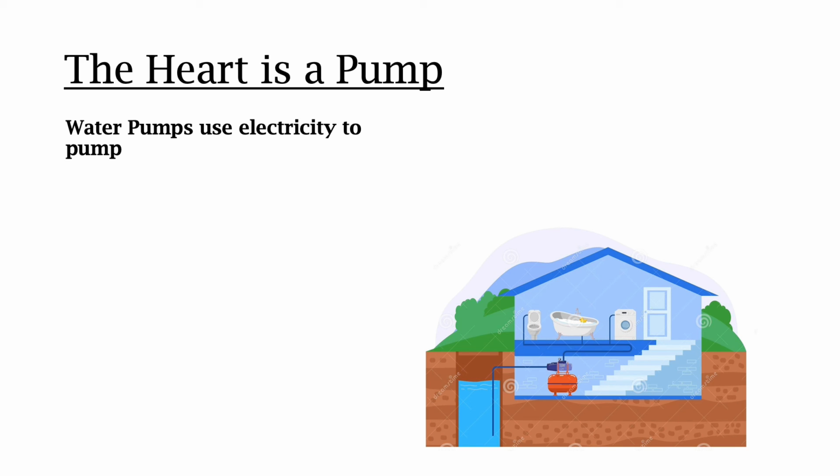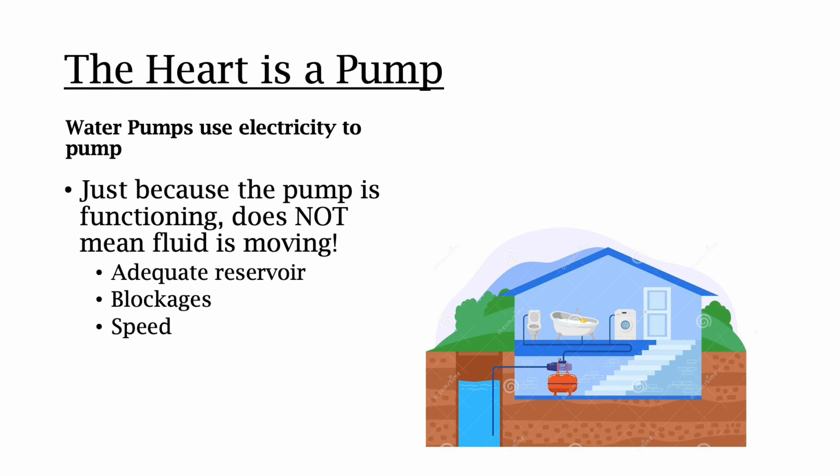And so we can think about a water pump, which is probably more familiar to most of us. And we have to realize that just because the pump is turning, that doesn't mean any water is going to come out, right? Just because our heart is beating, that does not ensure that any fluid is actually coming out or an adequate amount of fluid is coming out, right?